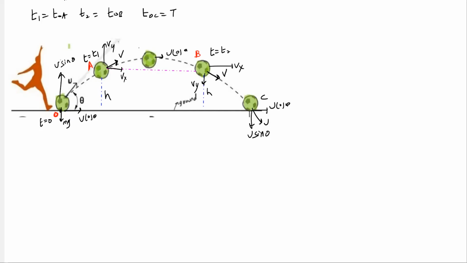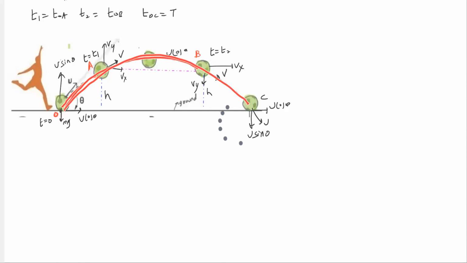TOC, this is equal to the time of flight. Time taken to move from O to A we will call T1. Time taken to move from O to B we will call T2. Time taken to move from O to C is the time of flight. Let's see how all these three are related.